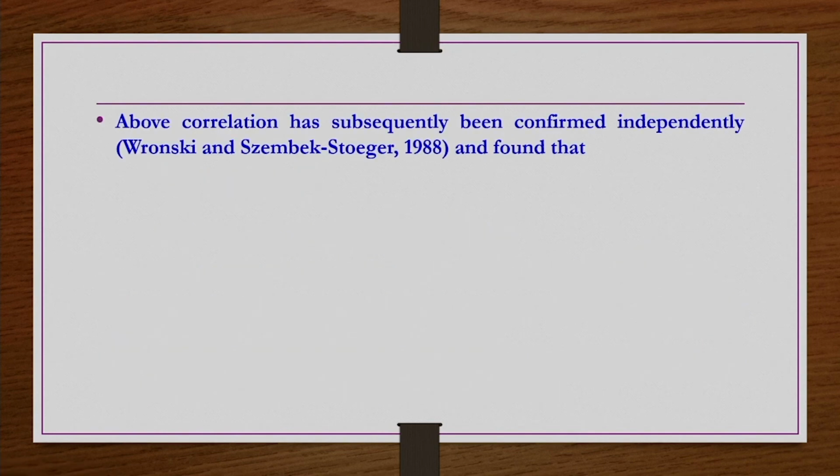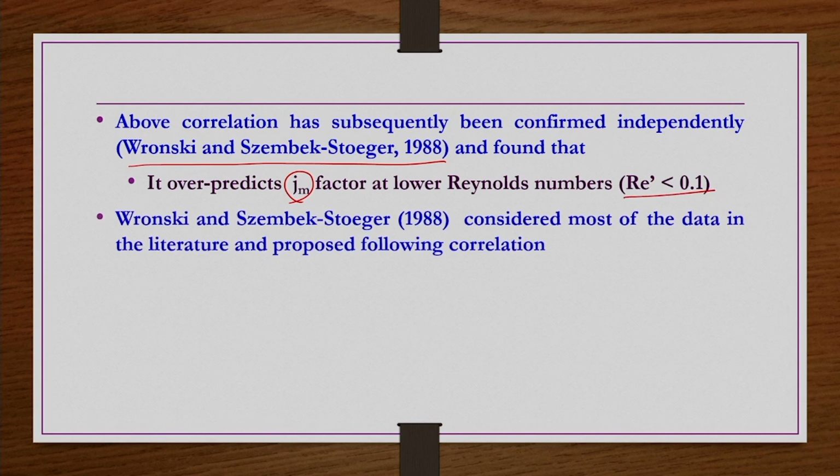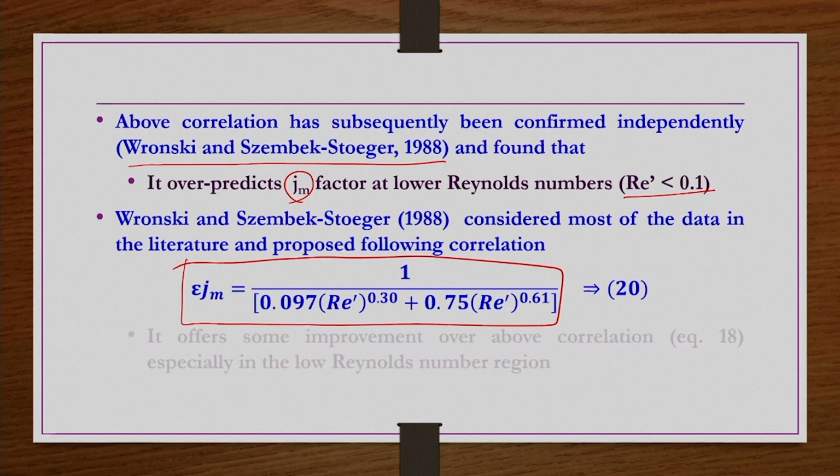The above correlation was subsequently confirmed independently by Vrentas and Stoeger, who found that the j_m factor over-predicts in the lower Reynolds number regions. These people considered most of the data in the literature and proposed the following modified correlation for the j_m factor, which is different from that of Kumar and Upadhyaya.